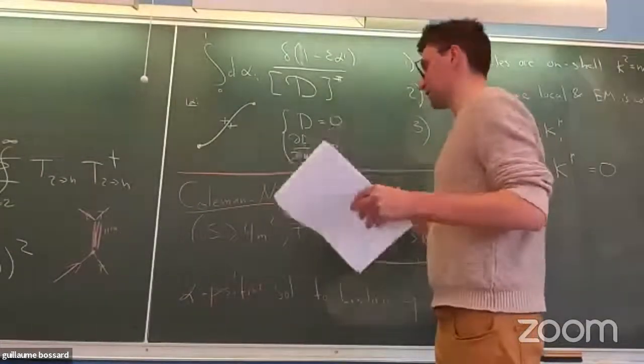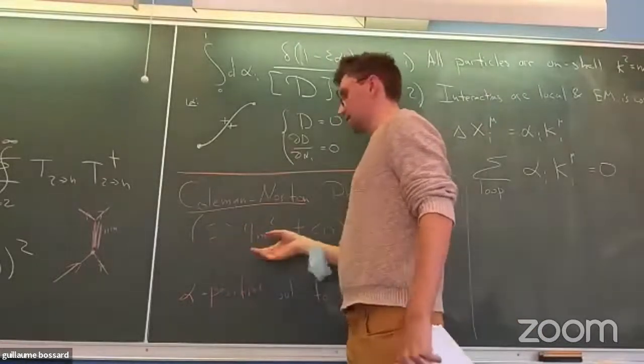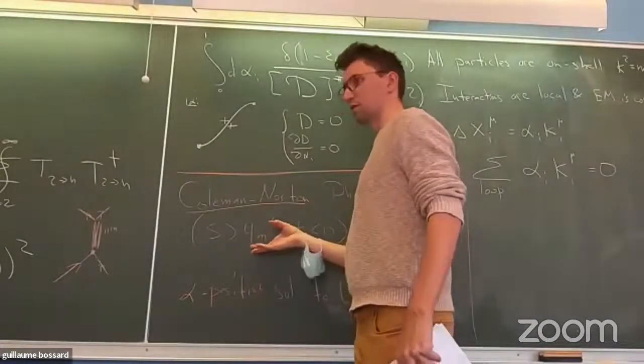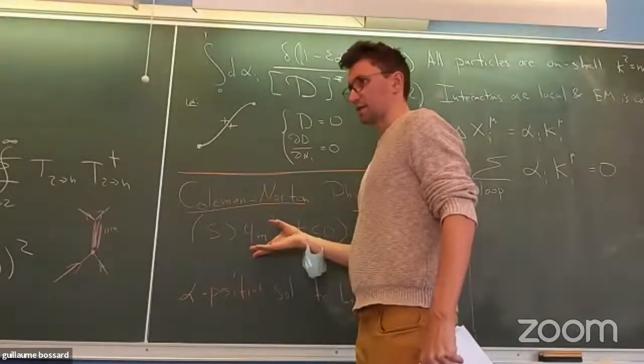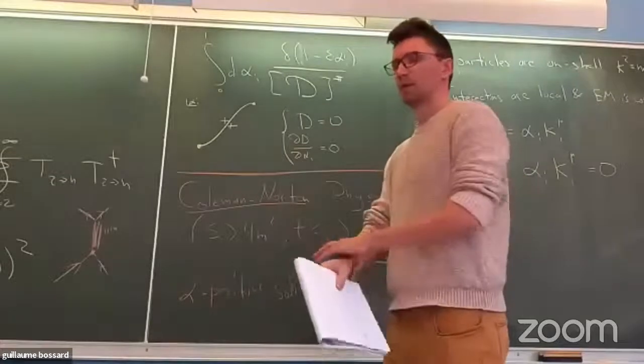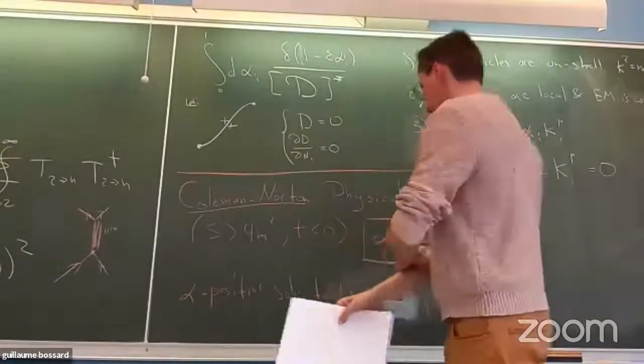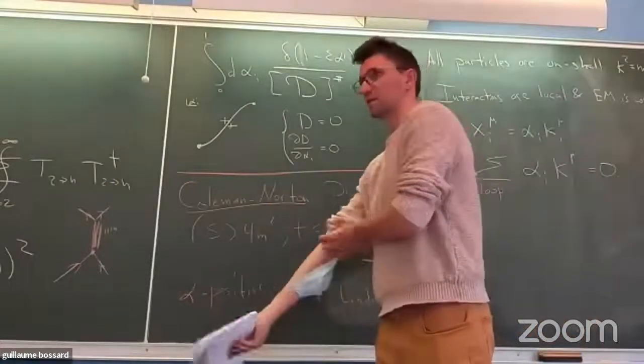Otherwise, we could have anomalous thresholds, but I'm considering scattering of lightest states, and therefore there are no other singularities for negative T. On the physical domain, all the singularities are physical. Yes. But this Coleman-Norton result was derived for Feynman graphs.